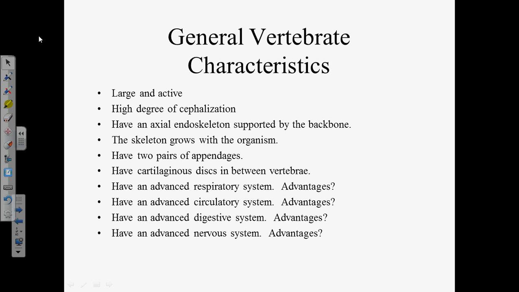What do you think that means, cephalization? Important to know those letters right there. Cephal means head. Cephalization means that most of your sense organs are concentrated in your head. So most vertebrates, sense organs, most of them are located in the head.